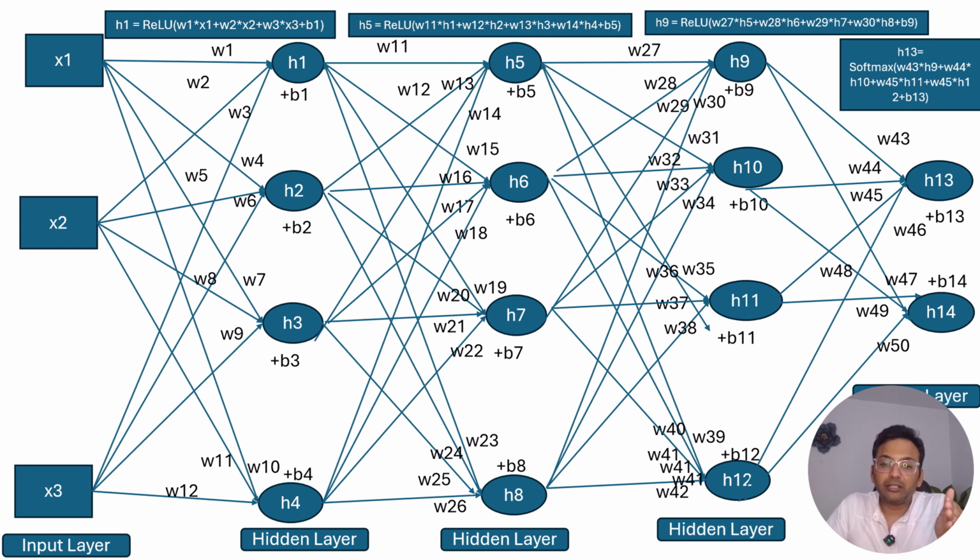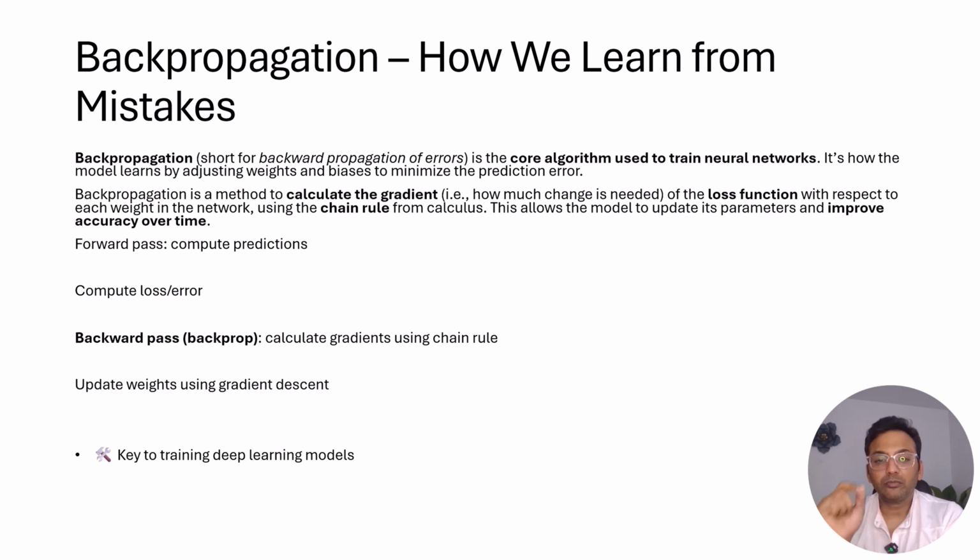So in this method, we have an output, we measure the loss or error, and using that error and the learning rate, we find the step size and tune all the weights and biases, and then we again perform the same operation. This entire algorithm is called backpropagation. So in backpropagation, what are we doing?